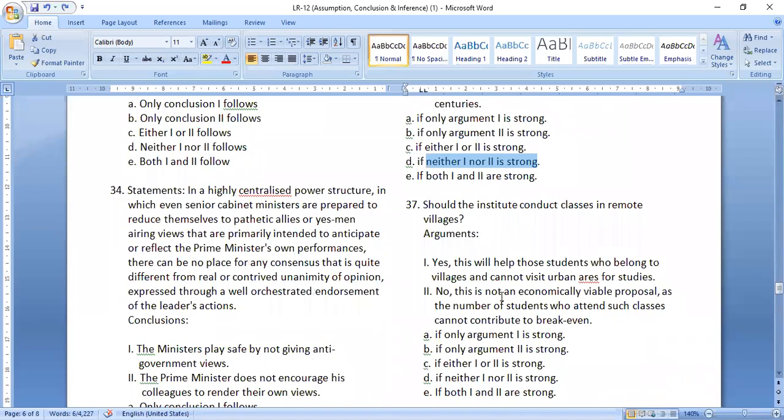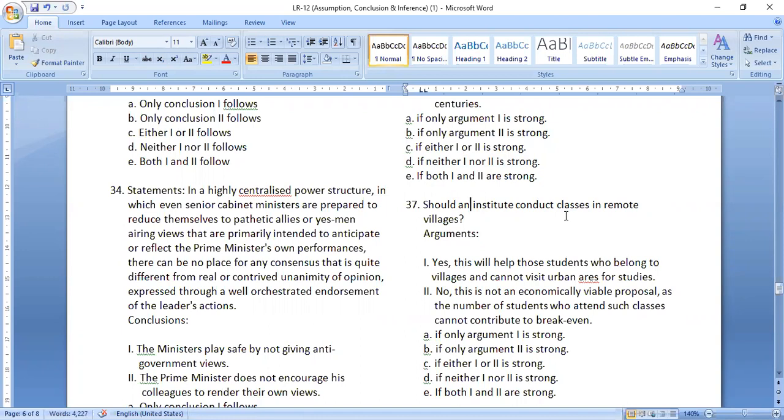Okay, should an institute conduct classes in remote villages?